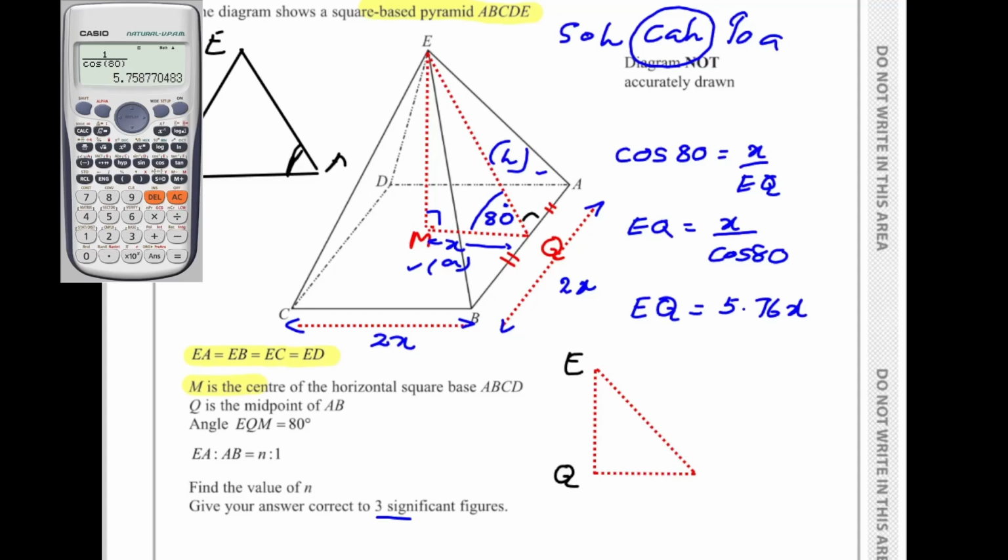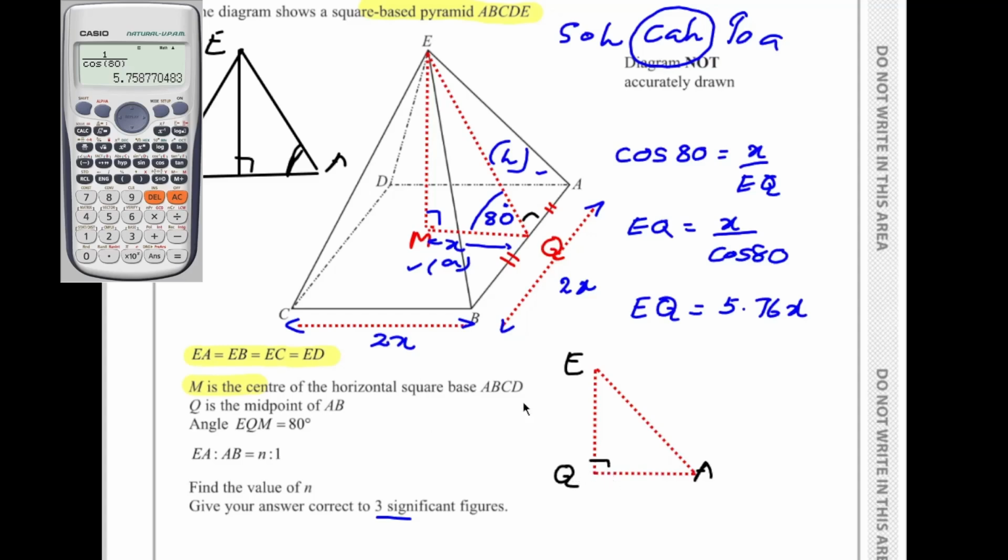If I draw this symmetrical line, this one becomes 90 degrees. So this is 90 degrees, but this is not. That's how we get EQA is 90.